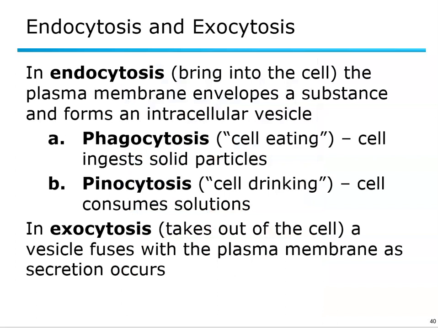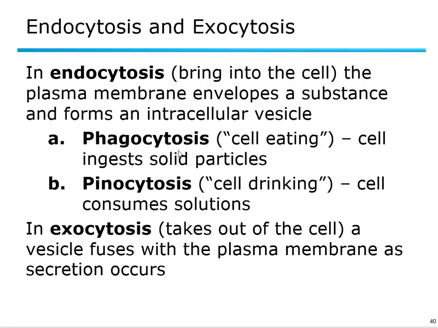Another kind of movement using energy, active transport, is endocytosis and exocytosis. Endo means inside of the cell, bringing into the cell, and exocytosis is taking out of the cell. In endocytosis we have two versions, two flavors. One is when the cell is engulfing something solid. It's ingesting something. Think about the cell eating.